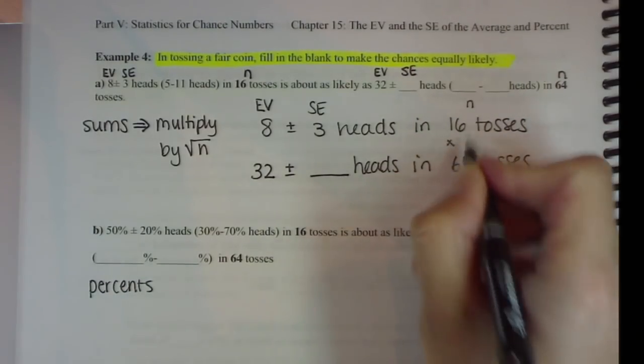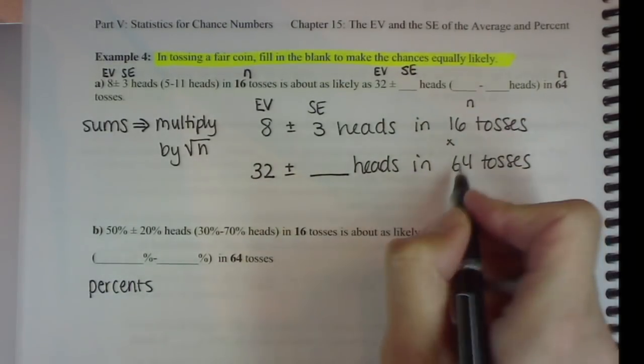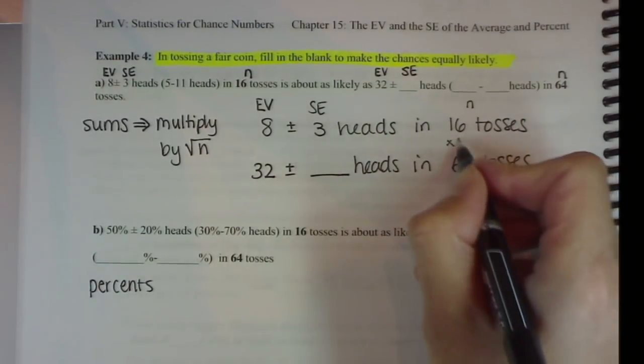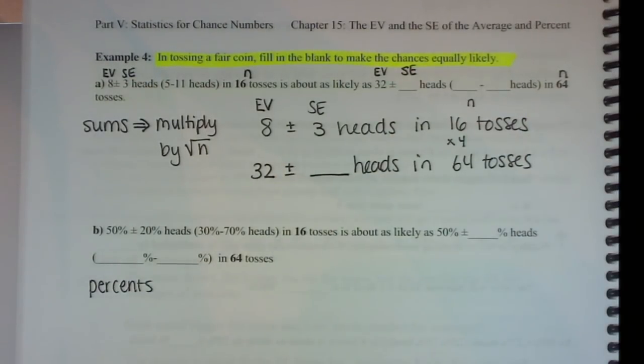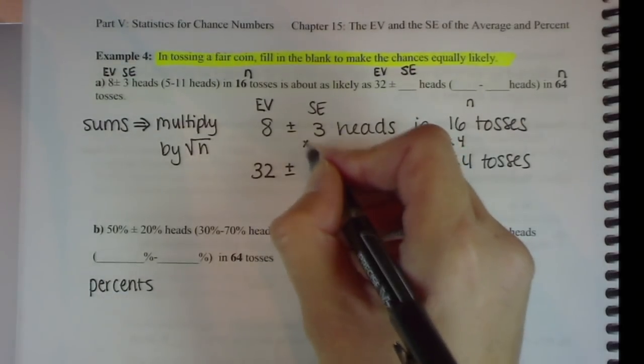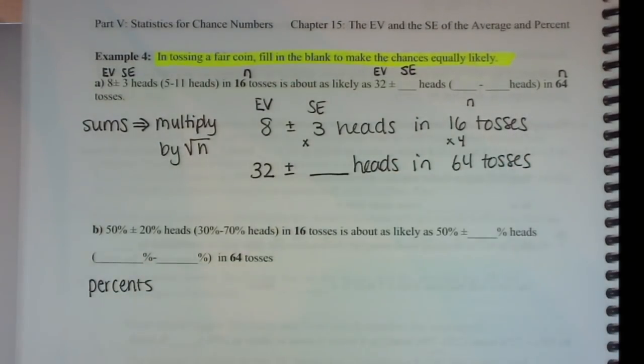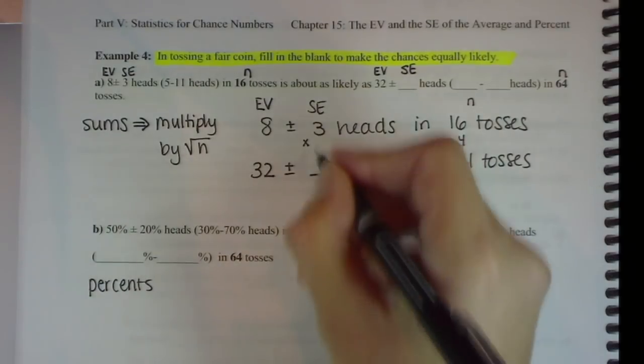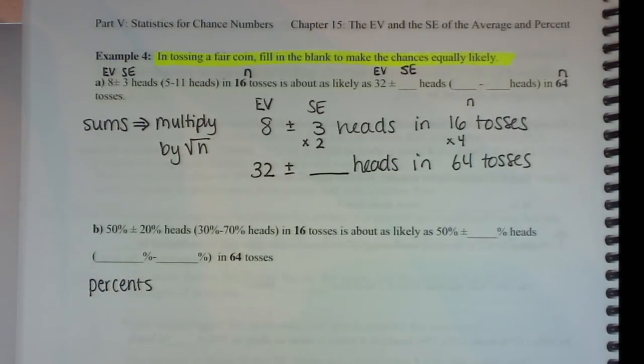So I know that n, I can say 16 times what gives me 64, or do 64 divided by 16, and I get n is increasing by a factor of 4, which means my standard error is going to increase, not by 4, but by the square root of 4, which is 2.